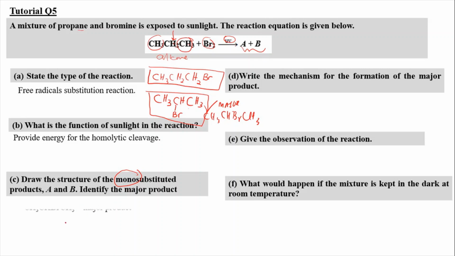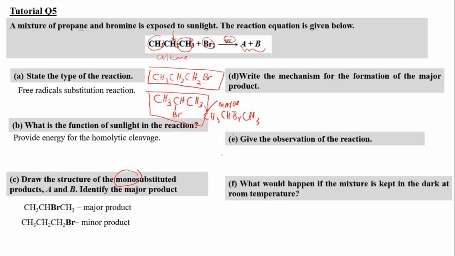So you can say that CH3CHBrCH3 is the major product, and the other one, which is CH3CH2CH2Br, is going to be the minor product. Now we have to write the mechanism for the formation of the major product. For this case, we're going to do that in the next slide because it is kind of long and couldn't fit in this page.